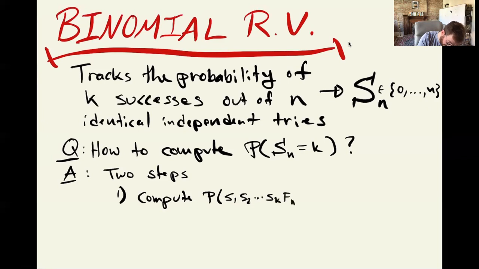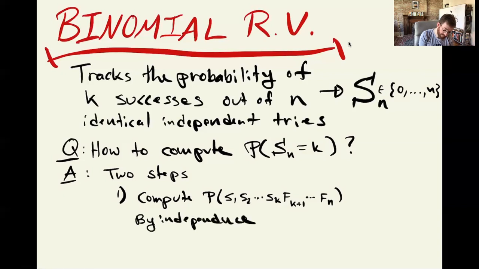And then we fail on the k plus first try, and we keep failing up through our nth try. Now, by independence, we know that this should be equal to the probability of S1 times the probability of S2 up to the probability of Sk.